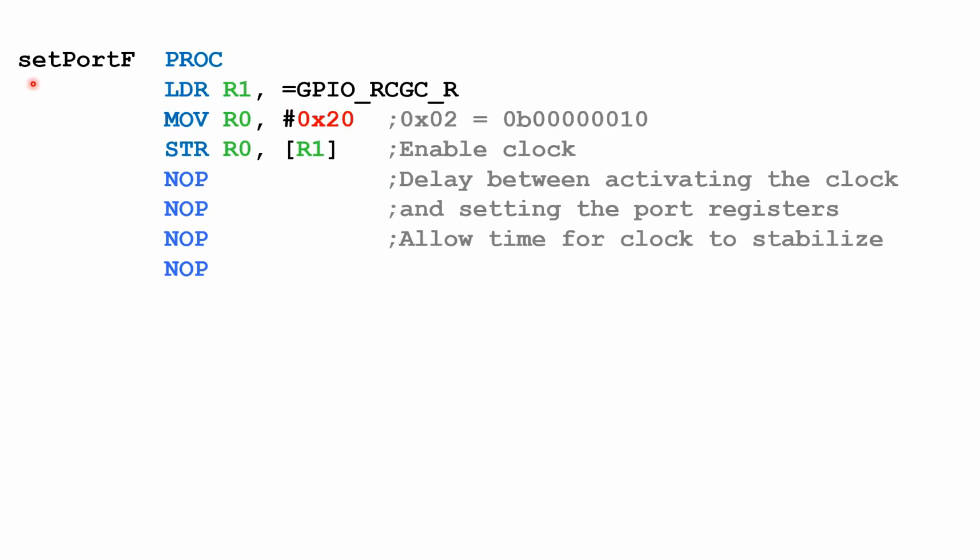We have the name of the subroutine here, SetPortF, followed by the PROC. This indicates the start of the procedure or the subroutine. Notice the next three instructions, LDR, MOV, STR, store.